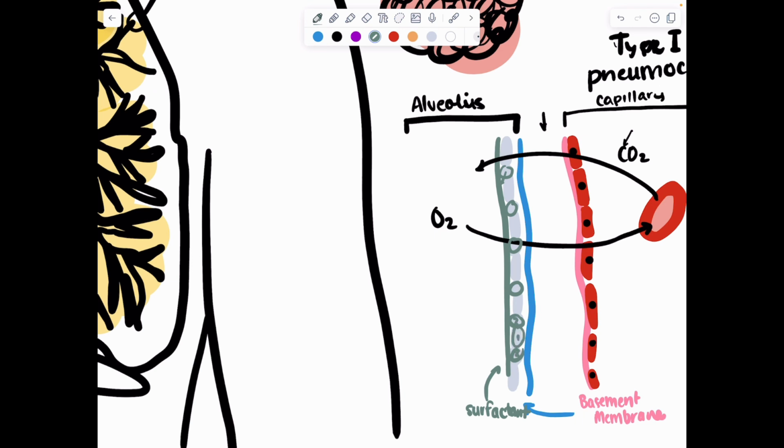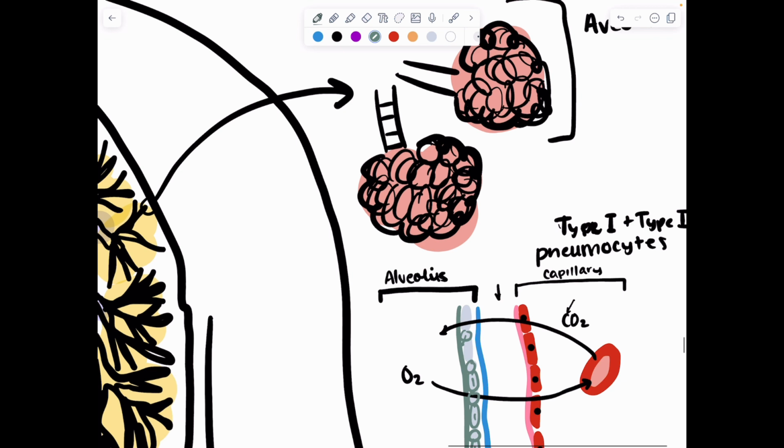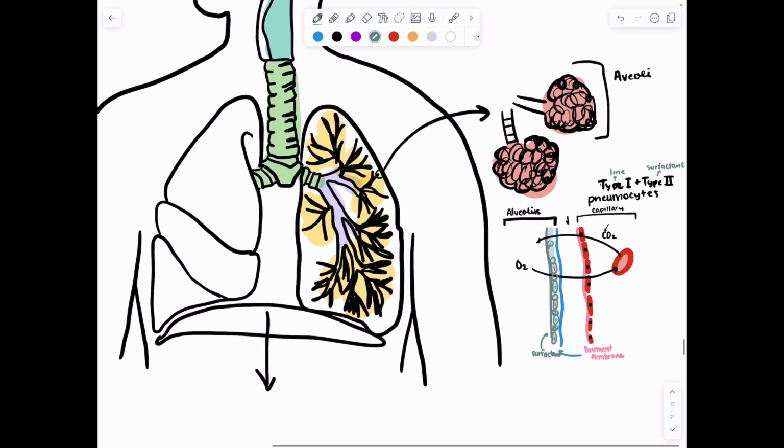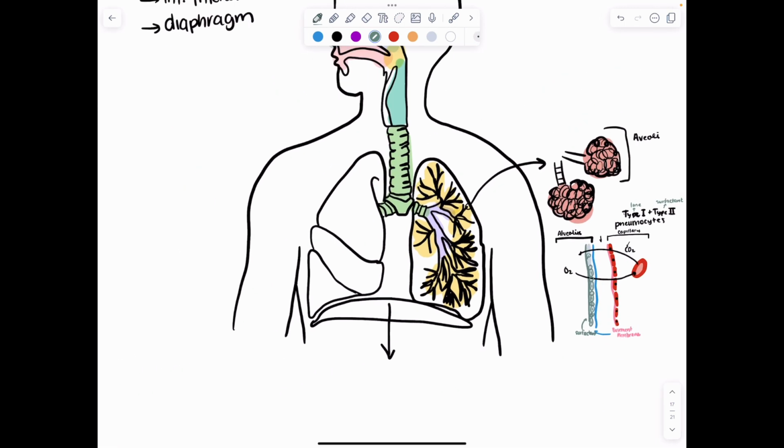Our type 1 are what create the actual lining. The epithelial cells that are creating the actual lining. So type 1, line. Type 2, create surfactant. And that's our alveoli.